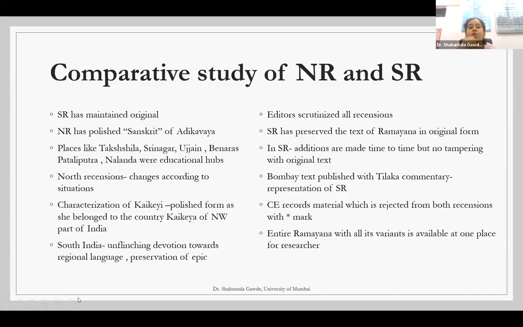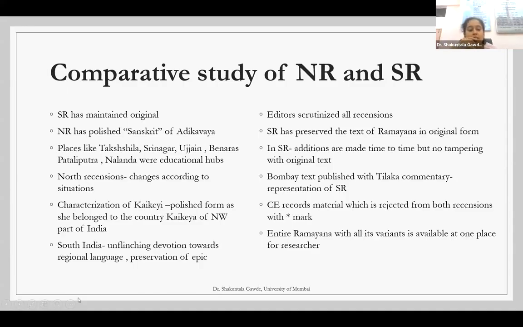So they changed according to situations. They elaborated or polished particular characters. For example, the characterization of Kaikeyi can be slightly different, or the character of Valmiki can be more eulogized.